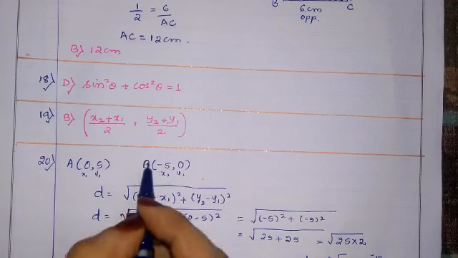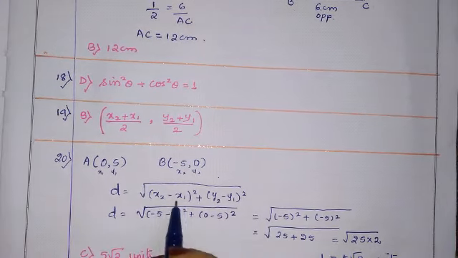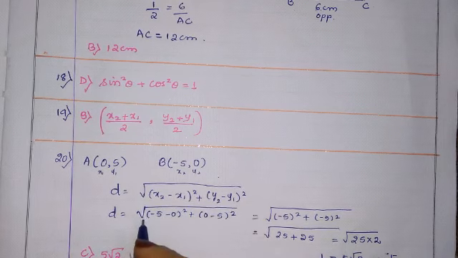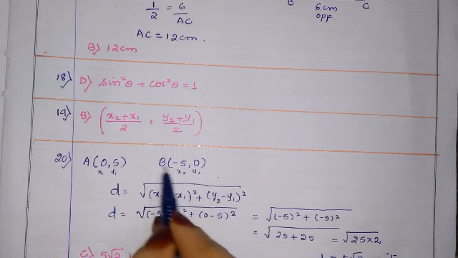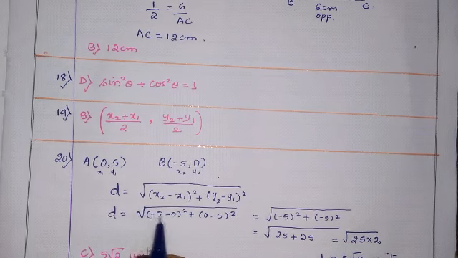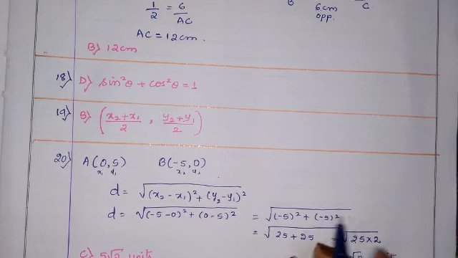We know D is equal to the root of (x2 minus x1) whole square plus (y2 minus y1) whole square. D is equal to x2 value is minus 5, 0, whole square plus y2 0 minus y1 5 whole square. Equals root of (minus 5) whole square plus (0 minus 5, that is minus 5) whole square.